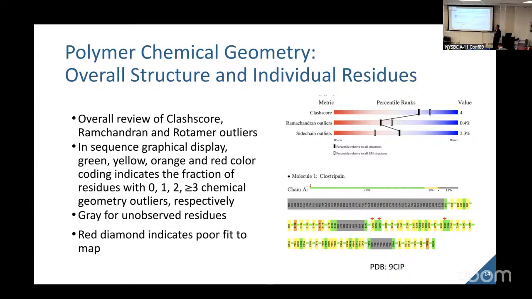The gray area means that in this specific PDB entry some of the polymer residues are in the crystal but not observed, because they were disordered, either because they were a flexible loop or because the density is weak. And the red diamond indicates where the fit between the model and the electron density map is poor. In this case, the electron density map is not very good.